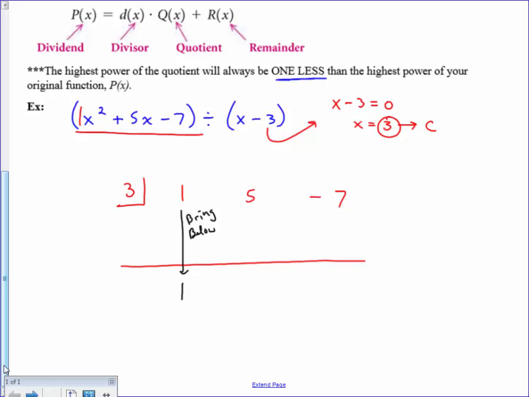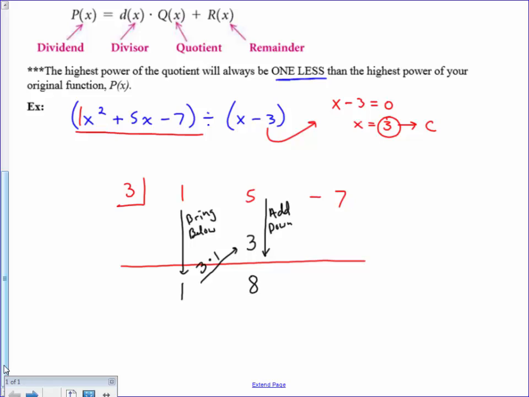From here, you would take that number and you would multiply it by the 3, the C value that you have up in the box. Once you find that product, so this would be 3 times 1, you put the product under the 5. Now we add down. So 5 and 3 is 8.